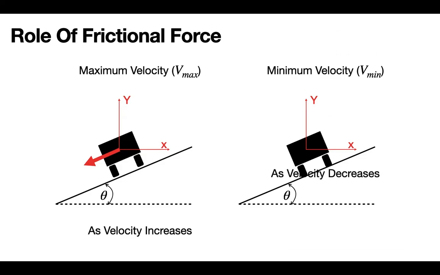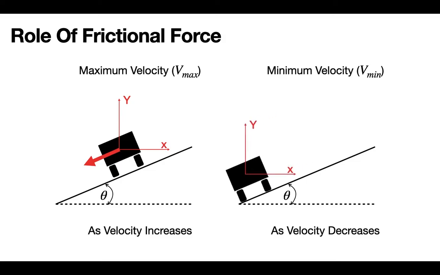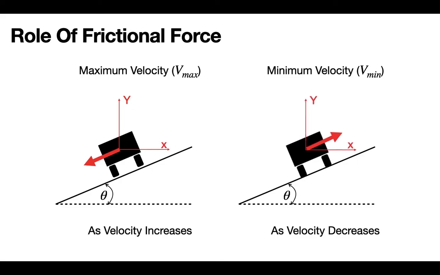In the case of minimum velocity, it tries to go down, but it is the friction force which pulls it up and puts it on the same track. So this is how the frictional force works in the case of maximum velocity and minimum velocity. I hope it is clear how the frictional force works on a bike or any vehicle in circular motion on a banked road.